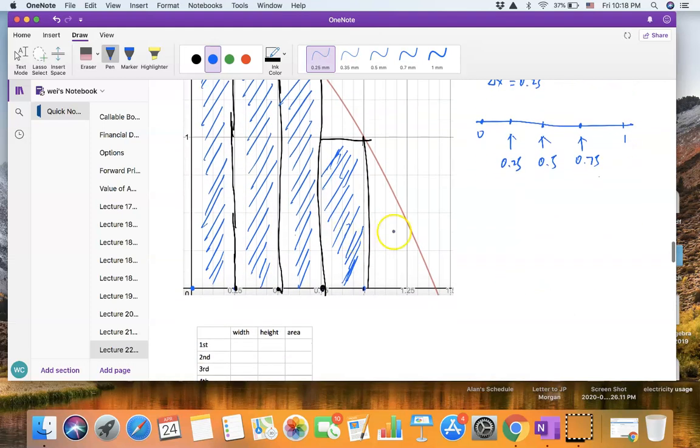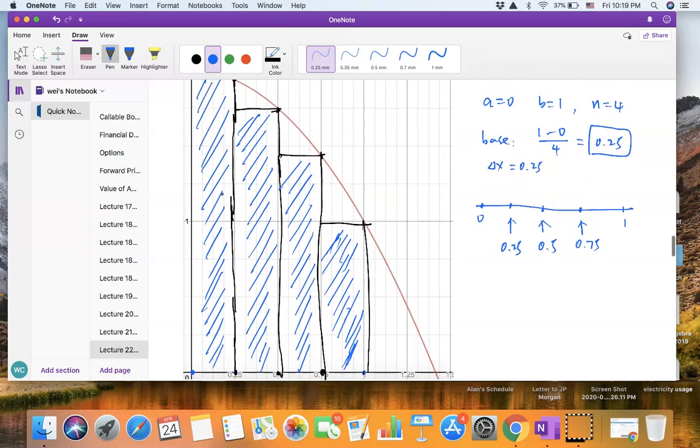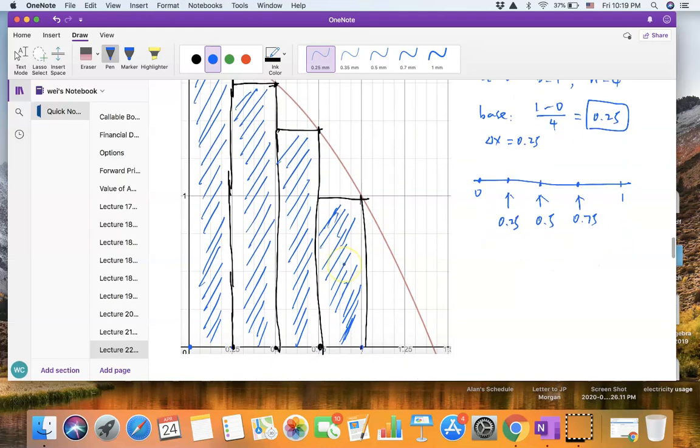Okay, so the next thing we are going to do is calculate the area of each rectangle, and then we add them up. That will give us the approximation to the area under this curve.